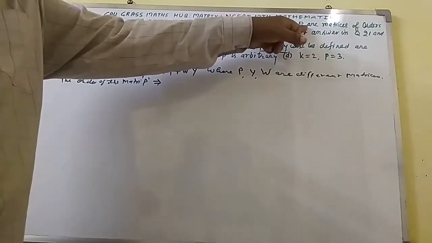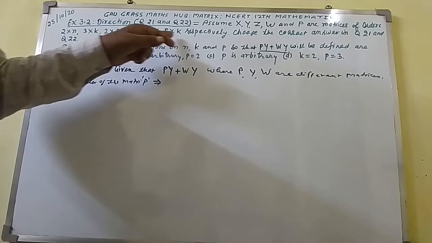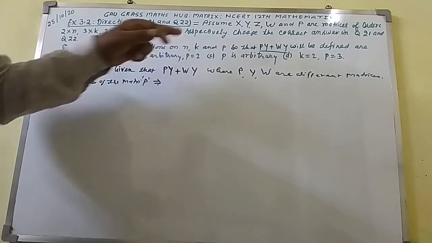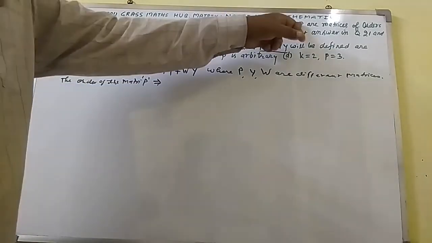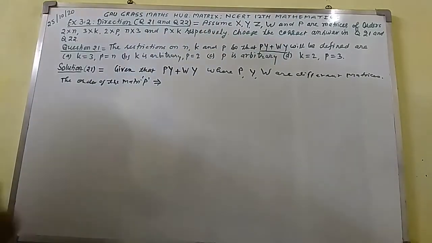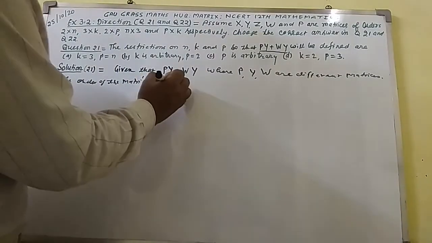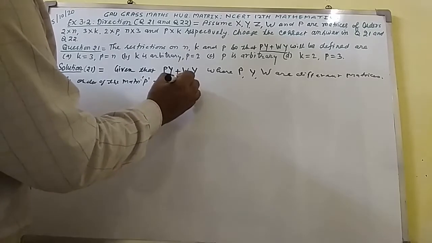This is the last one, and this P is also the last one available. So the order of the matrix P will be p × k.